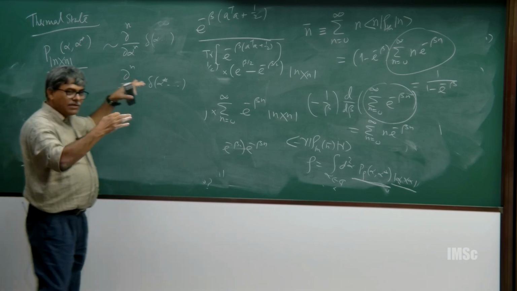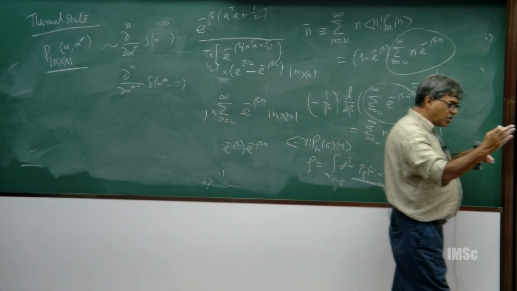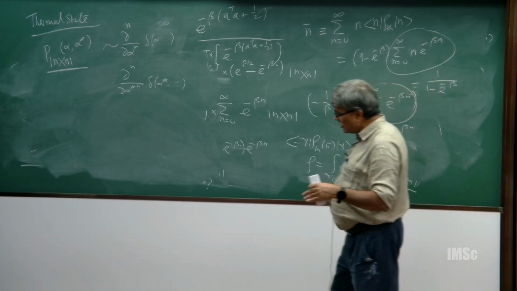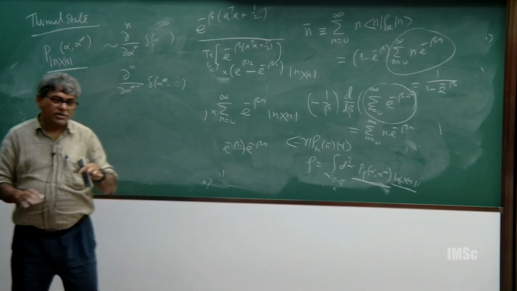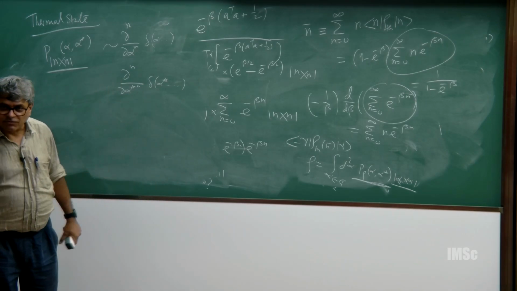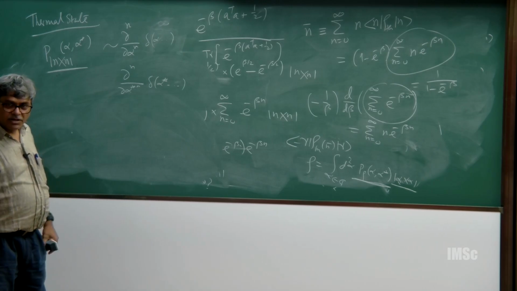We have seen this last time also: when you take the expectation value of your quadrature observable with respect to a Fock state, it does not depend upon your theta. Whatever be your theta, the average value is 0.